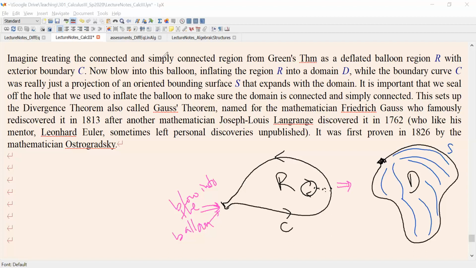Well, previously, we talked about cutting in surgically to get to that hole. In terms of a domain, that means that our balloon can have a little pocket inside of it. It has to be completely surrounded. So there might be some little pocket.